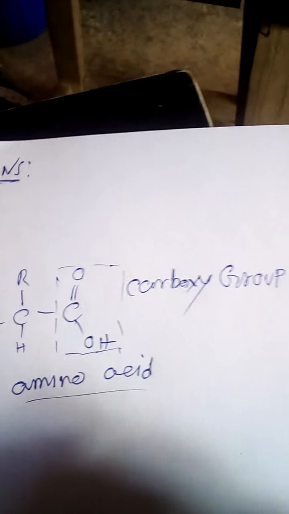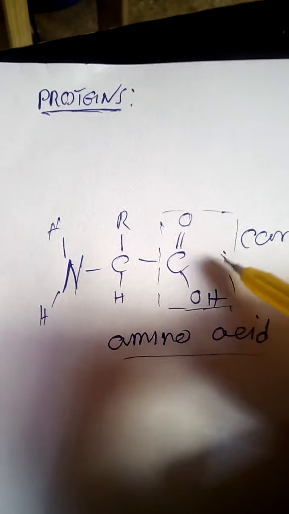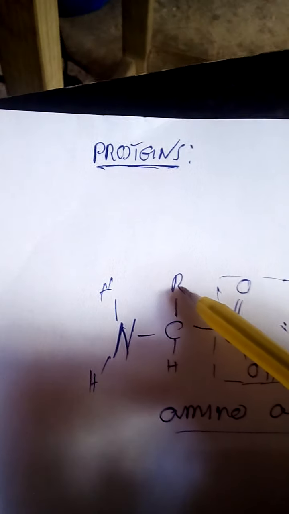This is the carboxyl group. They've got the characteristics of an acid, and then this one is called an R group.